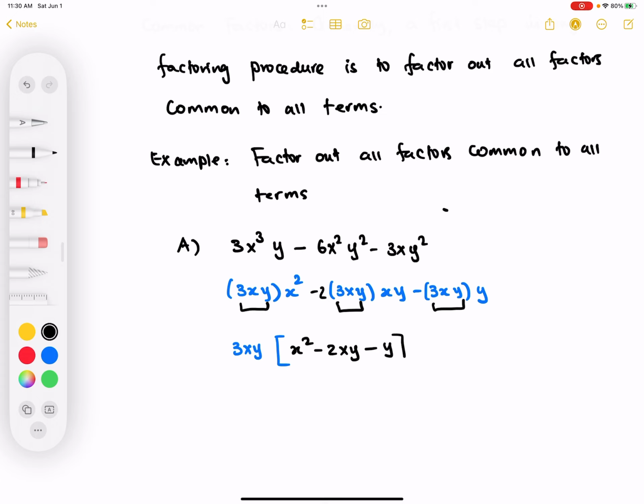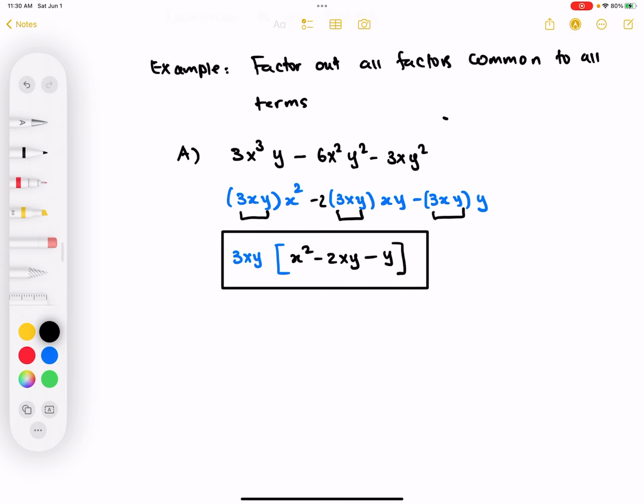So the final factoring for this one is 3xy, then inside the parentheses it becomes x squared minus 2xy minus y.